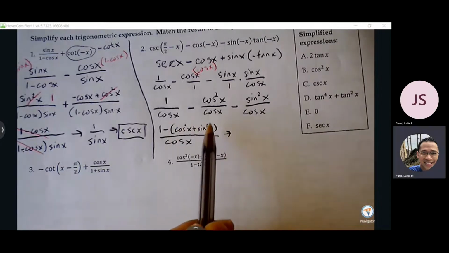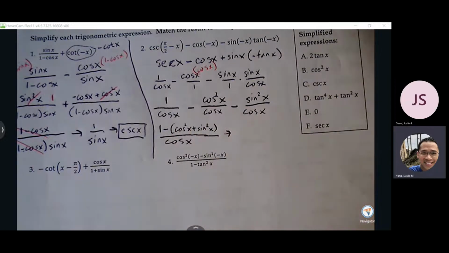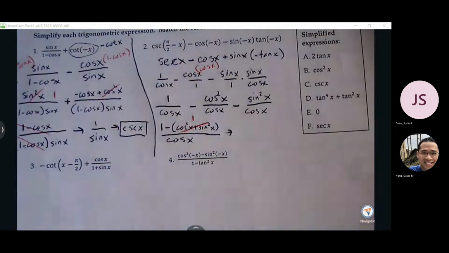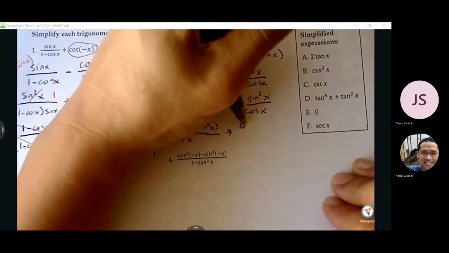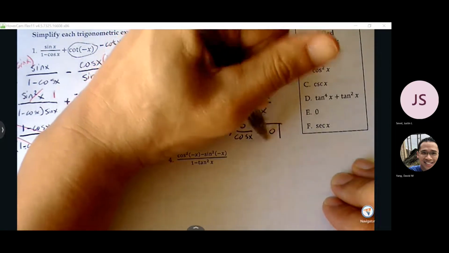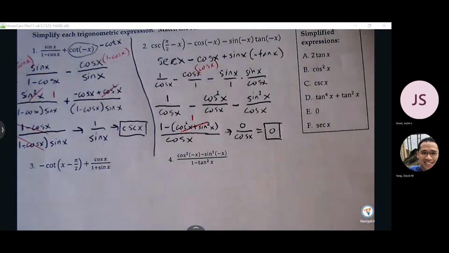There's an identity here. Cosine squared plus sine squared is 1. So 1 minus 1 is 0. So 0 over anything is still going to be 0. So answer choice E.